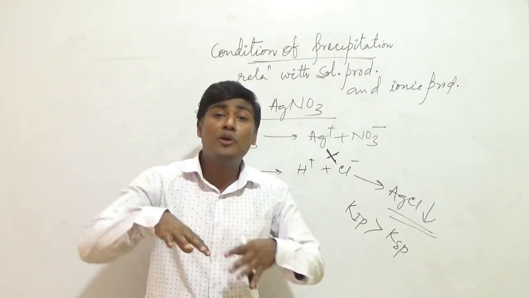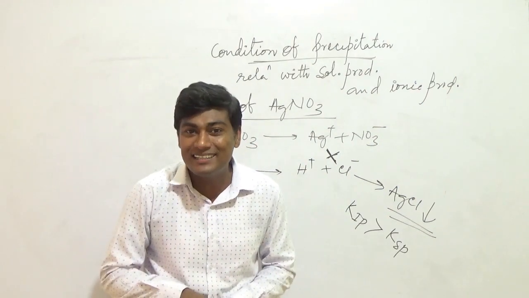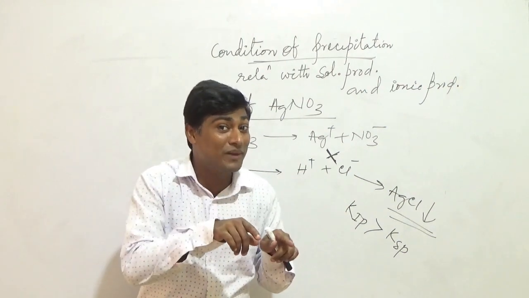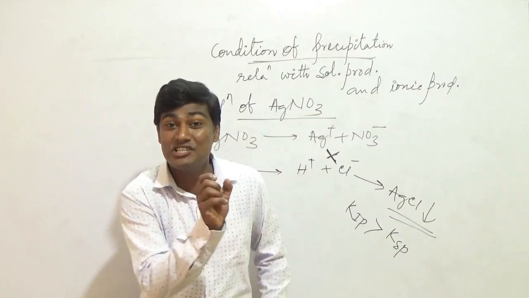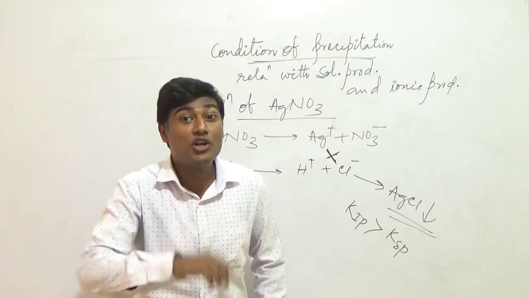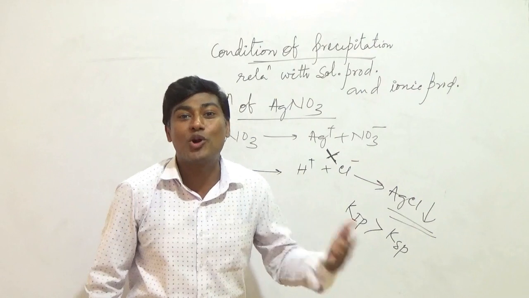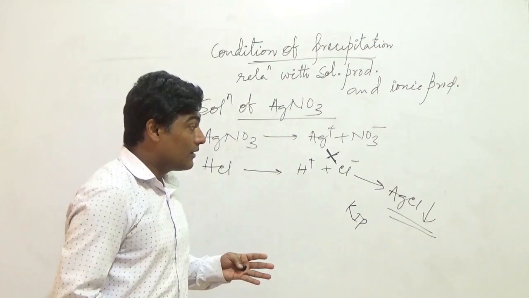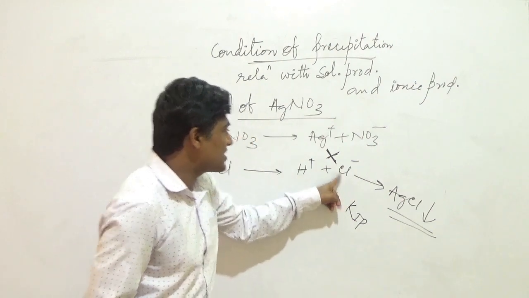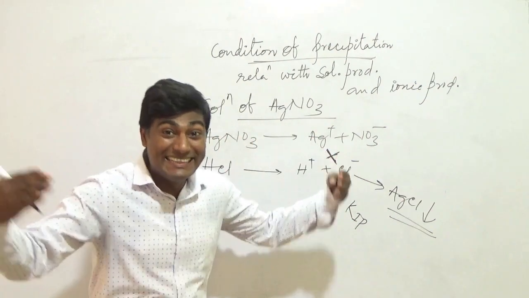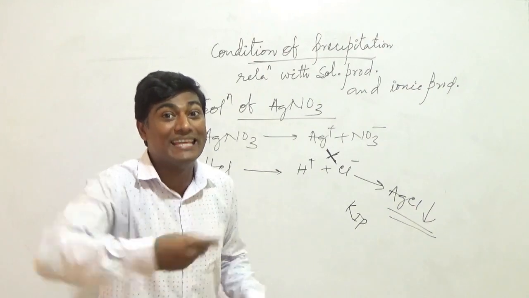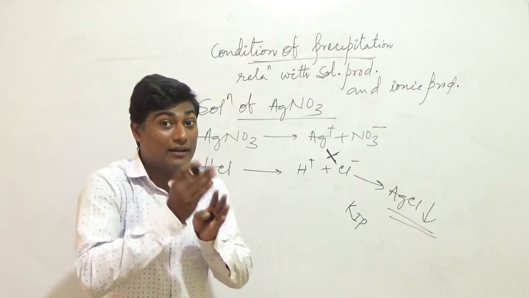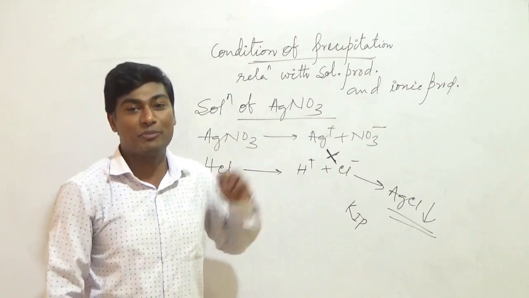So why was silver nitrate not precipitated? Because the product of concentrations of Ag plus and NO3 minus did not exceed the solubility product of AgNO3. But when you added Cl minus, the product of Cl minus concentration and Ag plus concentration, that is, for AgCl, became greater than its solubility product.